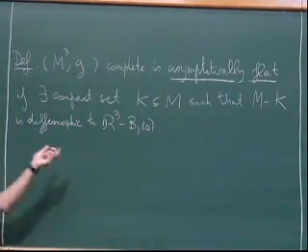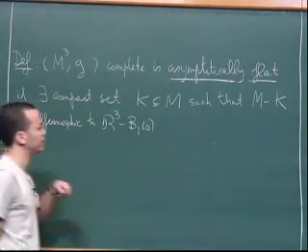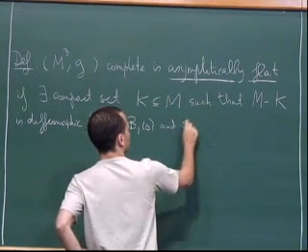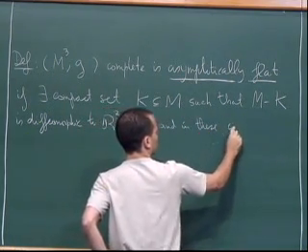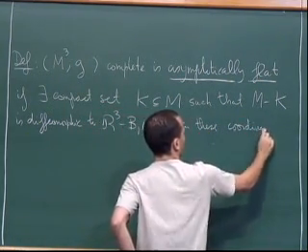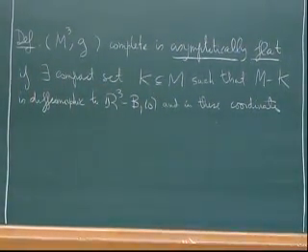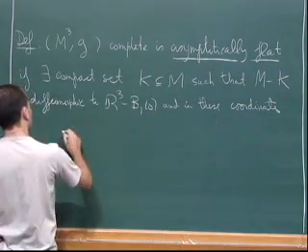And we can use this diffeomorphism to put coordinates in M minus K, so that in these coordinates, I want the metric to converge to the flat metric in a controlled way.